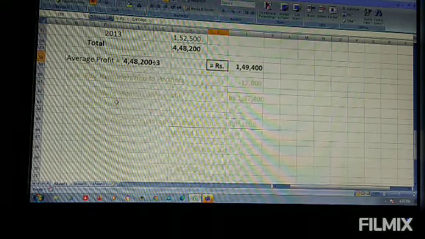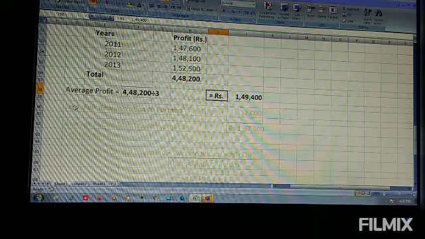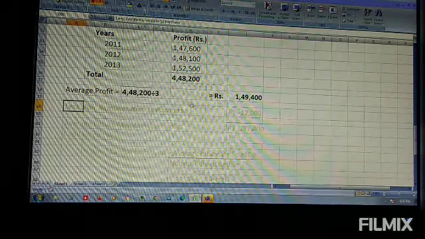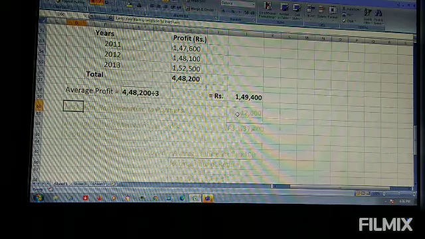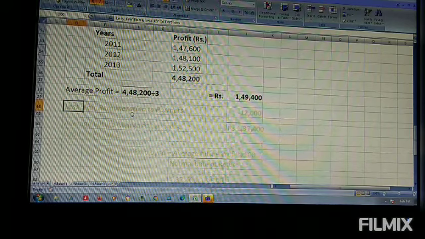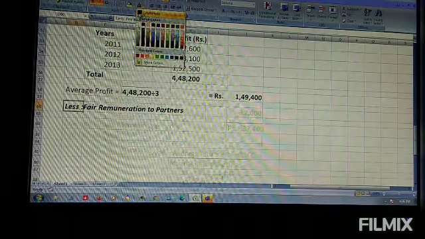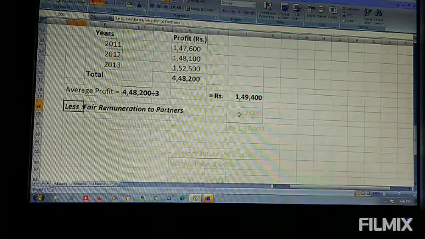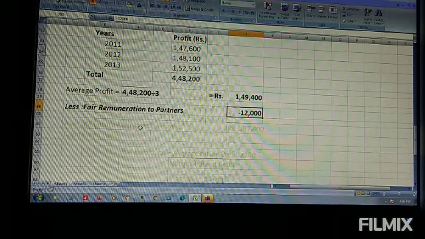Then from this we have to deduct the remuneration. It is an expense, so from the average profit you deduct the remuneration. Less remuneration to partners. The remuneration for every year is 12,000.